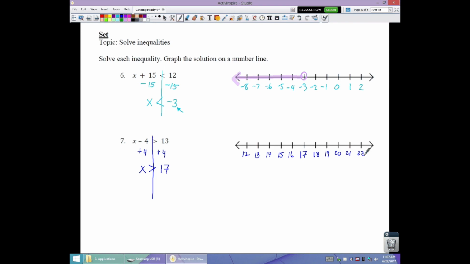Now, since I don't want to include 17, again, x is greater than 17, but not 17 itself, I put an open circle on 17. And then we want everything greater than that. That means everything to the right of 17 should be shaded.